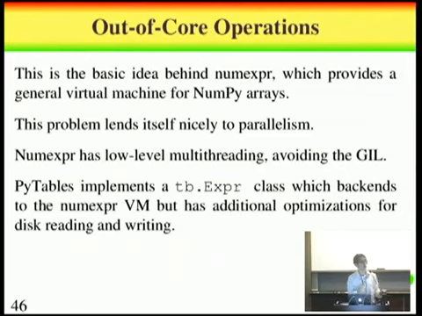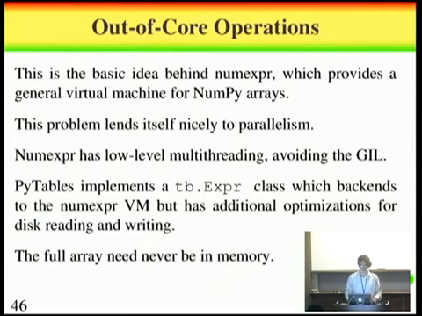But since it knows it's getting data off of disk and not memory, it knows how to optimize that as well. Okay, but it's the same interface, except for disk. And therefore, that full array need never be read into memory.